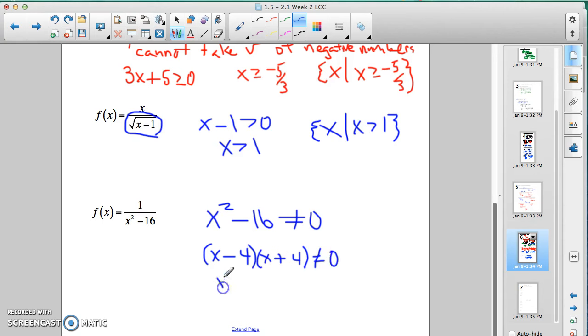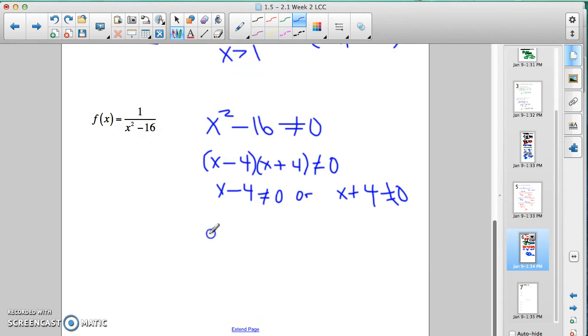So in this one, x minus 4 cannot equal 0, or x plus 4 cannot equal 0. So in that case, there's two exceptions to this.